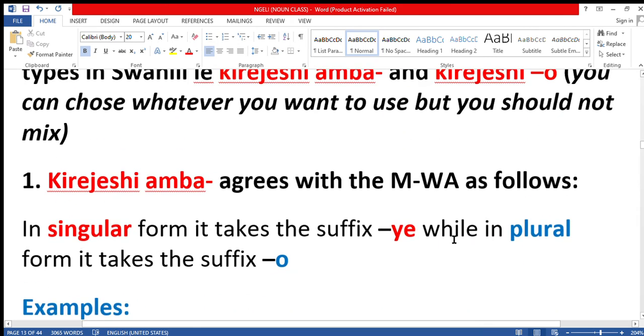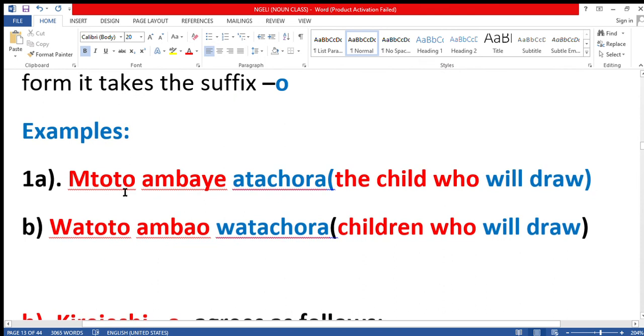This ye is attached at the end of amba. Now, mtoto ambaye means the child who. Mtoto ambaye atachora. The child who will draw.